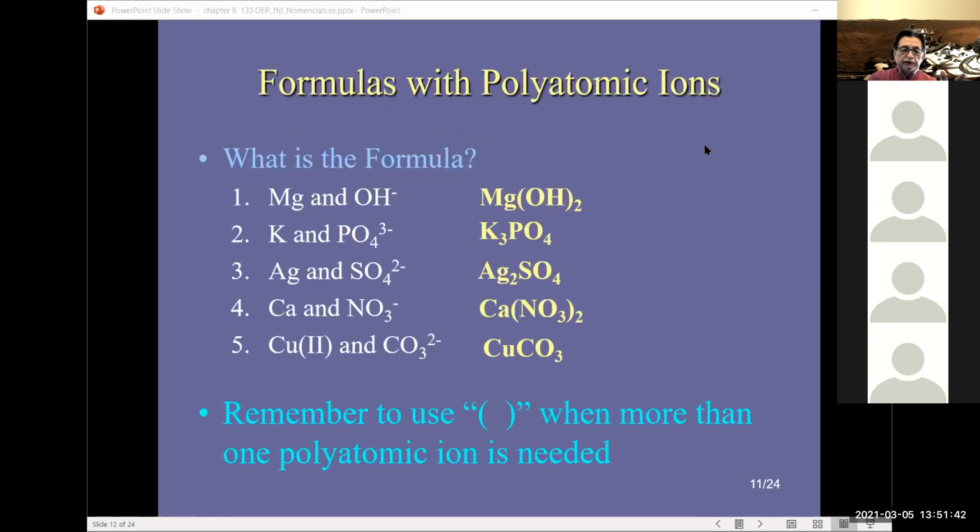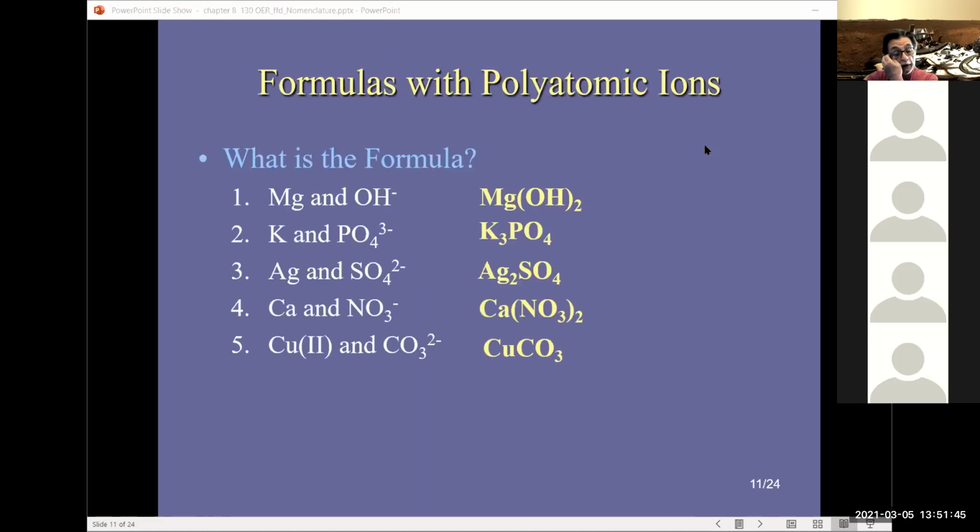Oh yeah, I was going to say something back here. Notice here, we did the first example, magnesium hydroxide, but you can combine that with the phosphate or the sulfate: magnesium nitrate, magnesium carbonate, potassium hydroxide, potassium sulfate, potassium nitrate, potassium carbonate, silver hydroxide, silver phosphate.